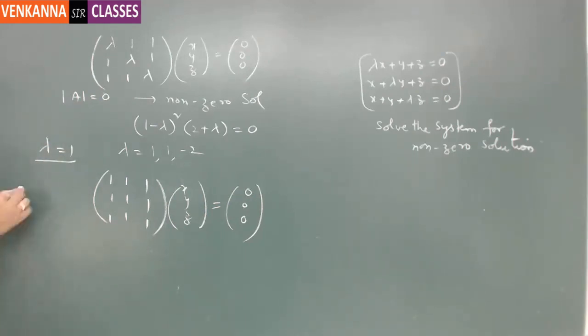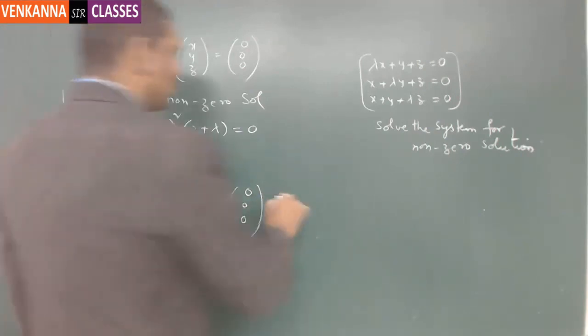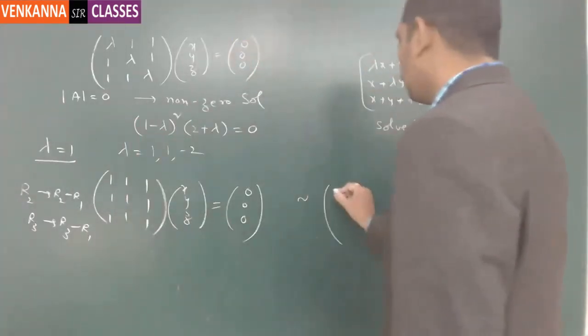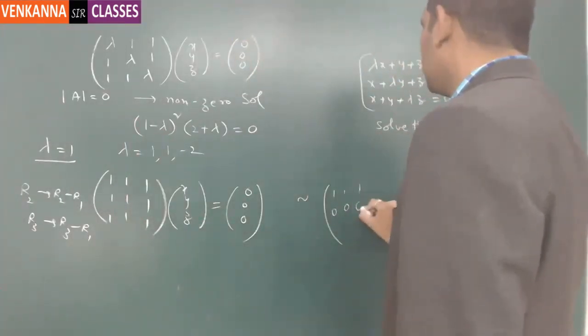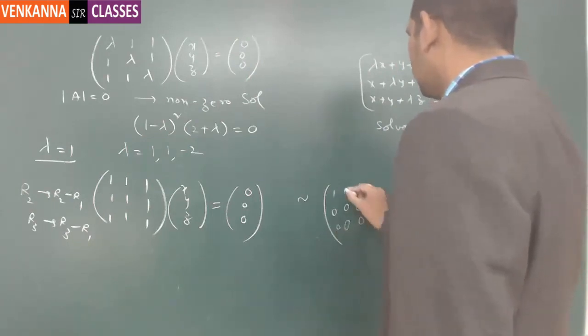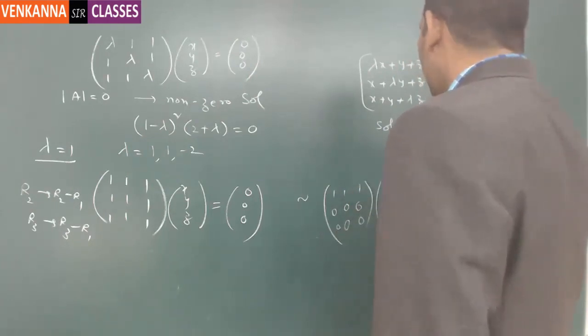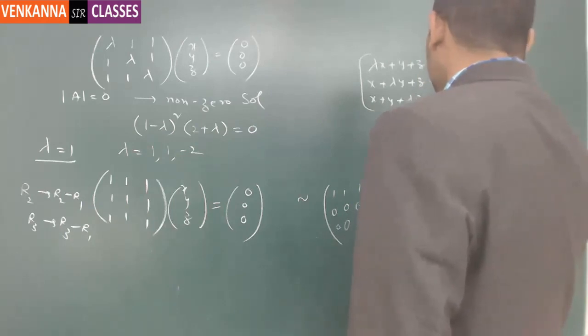By applying the row operations, R2 tends to R2 minus R1 and R3 tends to R3 minus R1, it will be converted into the form 1 1 1, 0 0 0, 0 0 0, of x y z equal to 0 0 0.